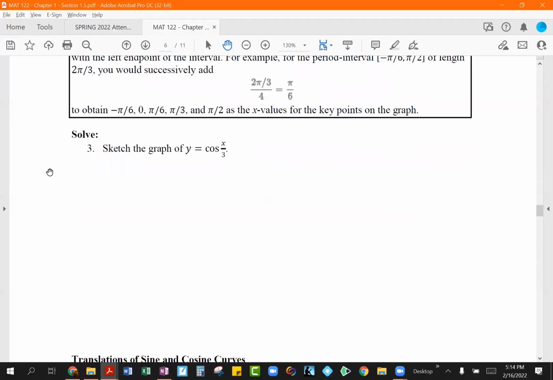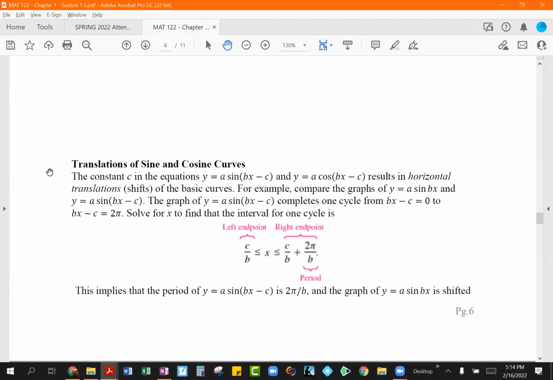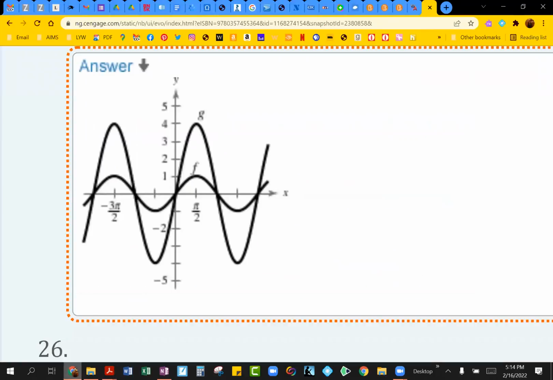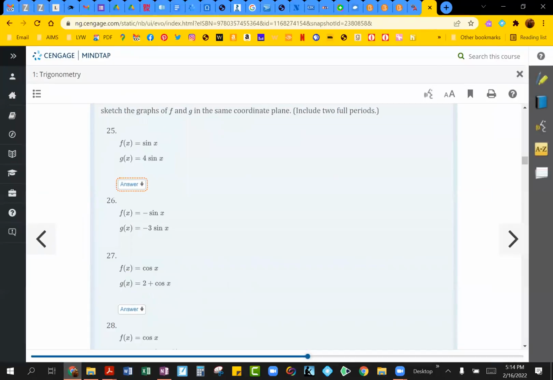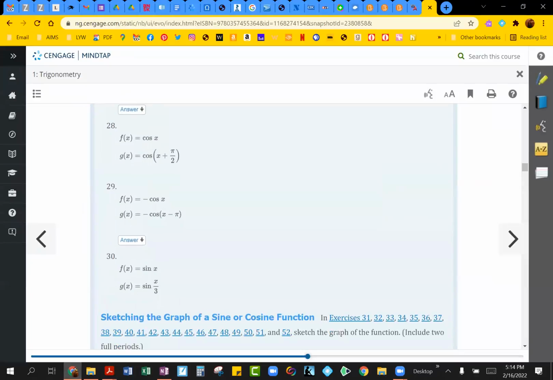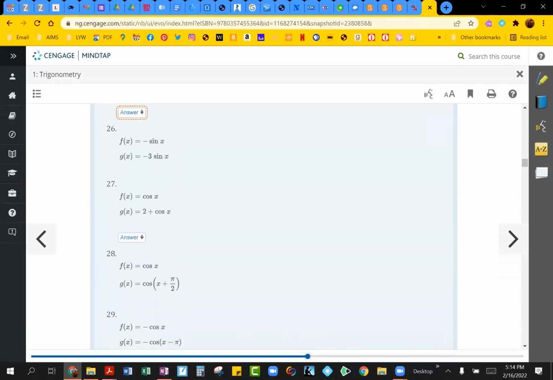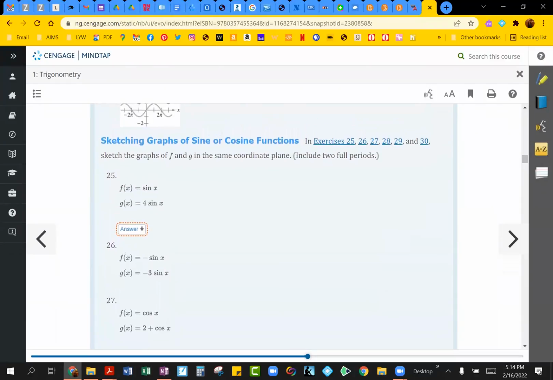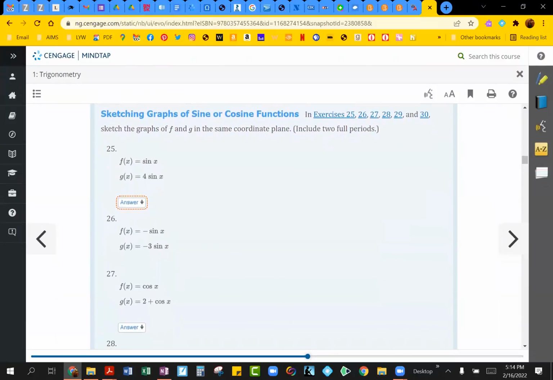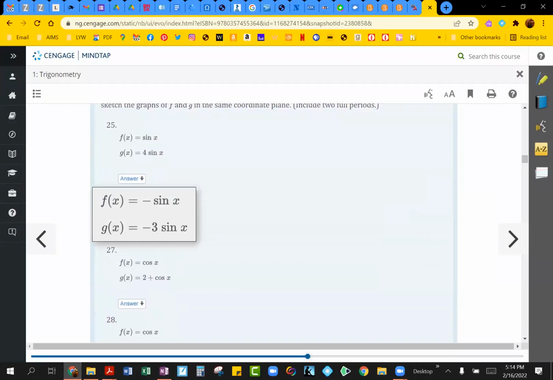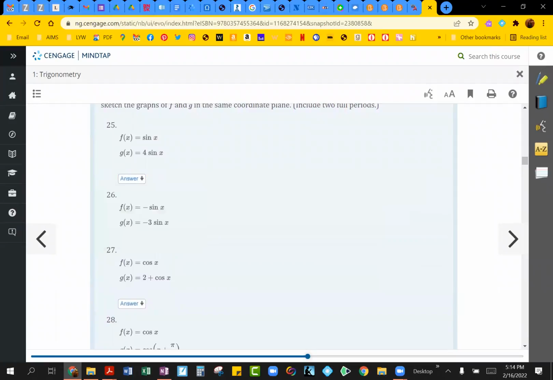This one here again is just asking you, what would you do if you had a cosine of x over 3 as your function? Let's pick one of those examples from here. Just to make a note, we're not going to spend time on number 26, but it's pretty much very similar to what we did in 25.